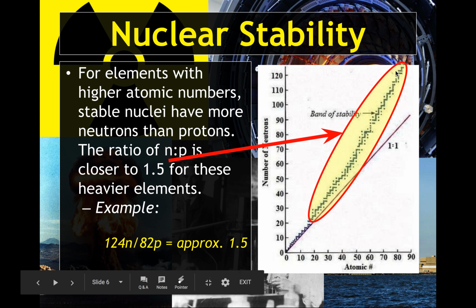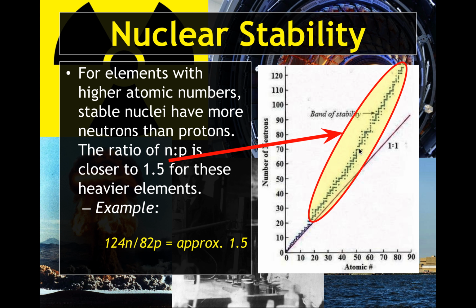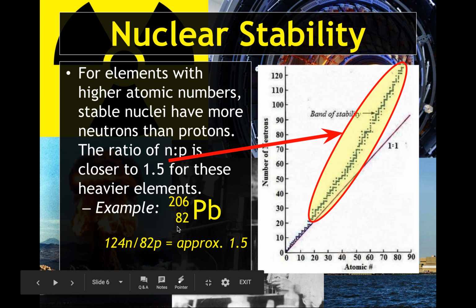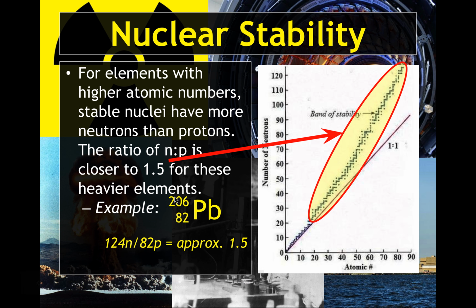And that's where we see this region here in the band of stability. The ratio of neutrons to protons is slightly higher, a few more neutrons than protons, results in stable atoms. An example of this is lead. It has 82 protons and a mass number of 206.